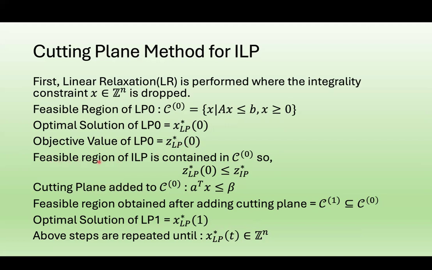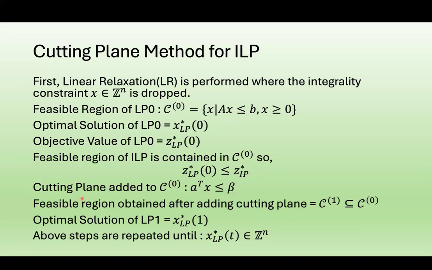Now we know that the feasible region of the ILP is contained in C0, so z_LP star 0 is less than or equal to z_IP star, where z_IP star is the optimal objective value corresponding to the IP, which is the original problem. Now we add a cutting plane to the feasible region C0. The equation for the cutting plane is alpha transpose x less than or equal to beta.